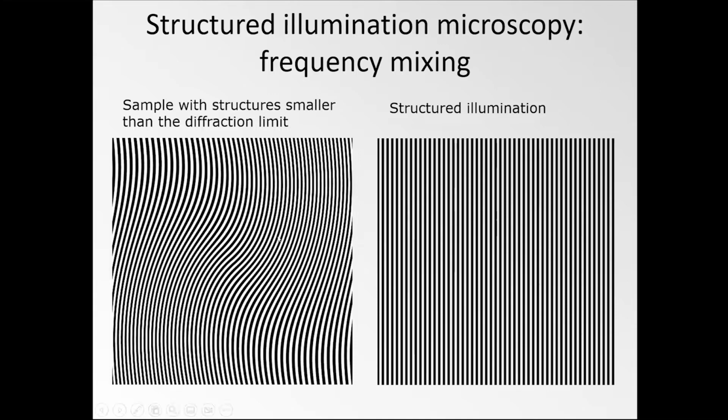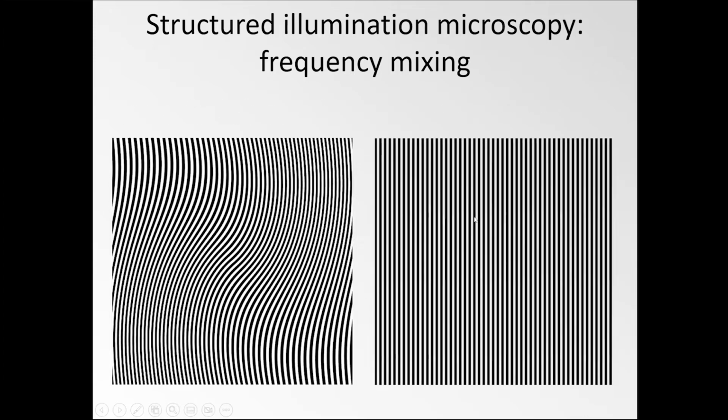Just for a moment, think of these wavy lines as the sample, and also assume that the spacing of these fringes might be too fine to be seen. And here on the right, this would be the distribution of the excitation light in this form of a fine stripe pattern.